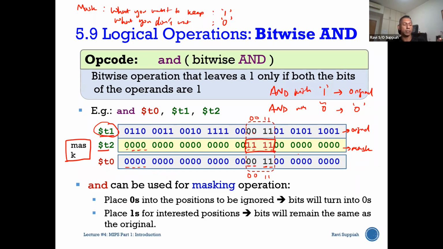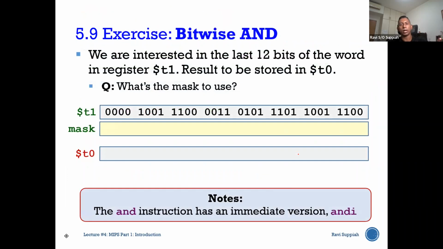This is a very important technique in programming to focus on specific bits that you want. You may have an 8-bit, 16-bit or 32-bit value, but you only want to look at a particular bit to understand whether it is a 1 or a 0. That is where the bitwise operations come in.